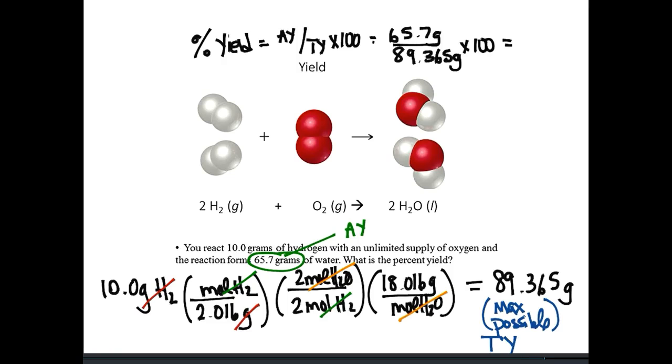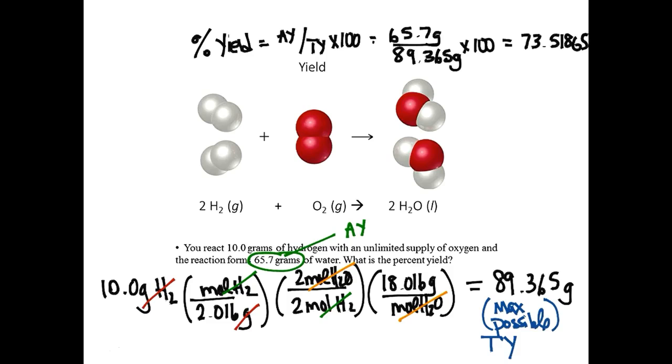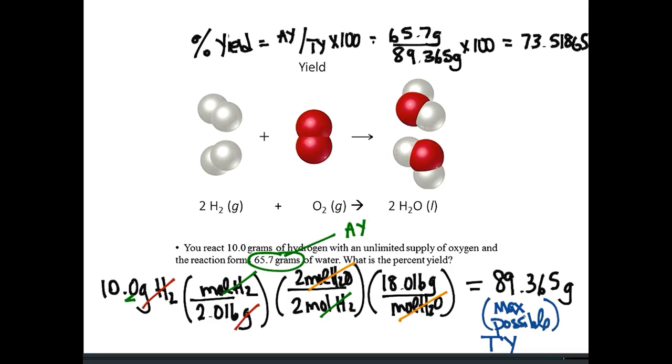The percent yield is the actual yield divided by the theoretical yield times 100. So if you plug those numbers in here and multiply by 100, then you get 73.51865, which has too many significant figures. If we go through and figure out how many significant figures there should be, the number 10.0 has 3 sig figs. The molar mass of hydrogen has 4.